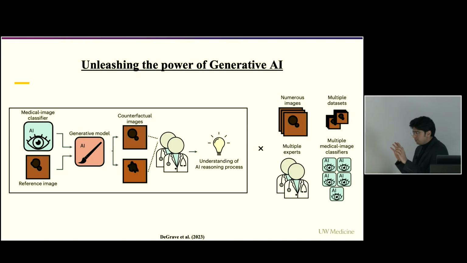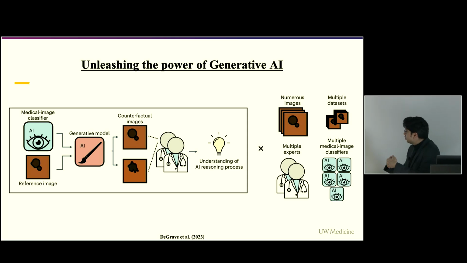Essentially, they came up with a deep learning model, a generative model, which generates these realistic counterfactual images. We have a reference image, and then it would generate counterfactuals, some changes in these images, and then give the reference image and the altered images to the clinician to understand what would have changed in these images that led the classifier to predict a different outcome.